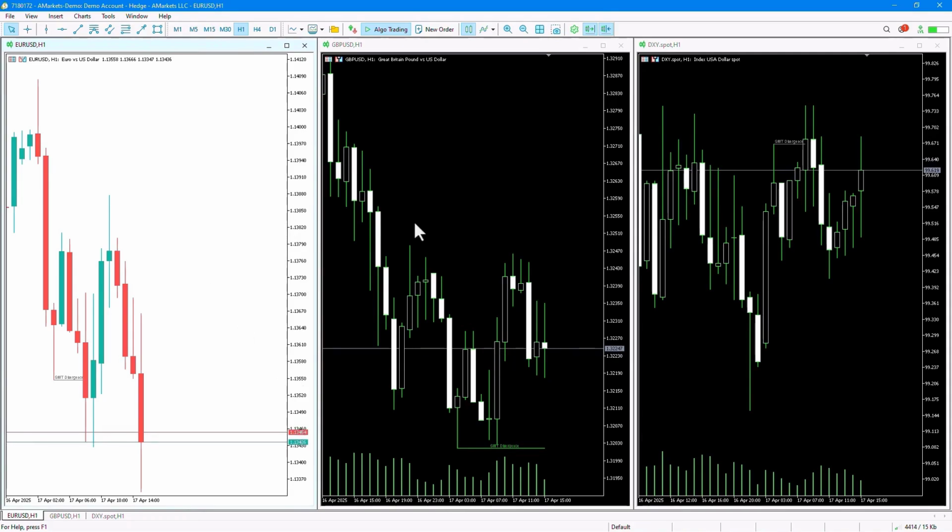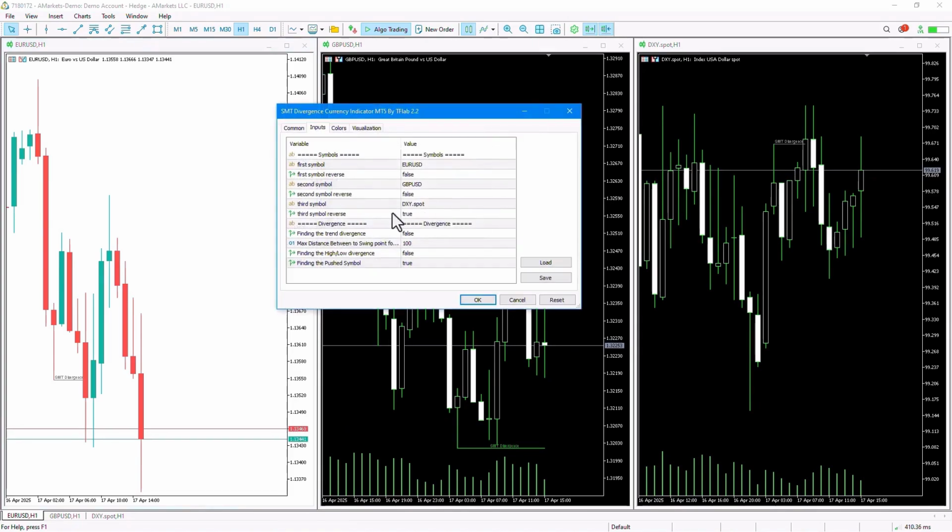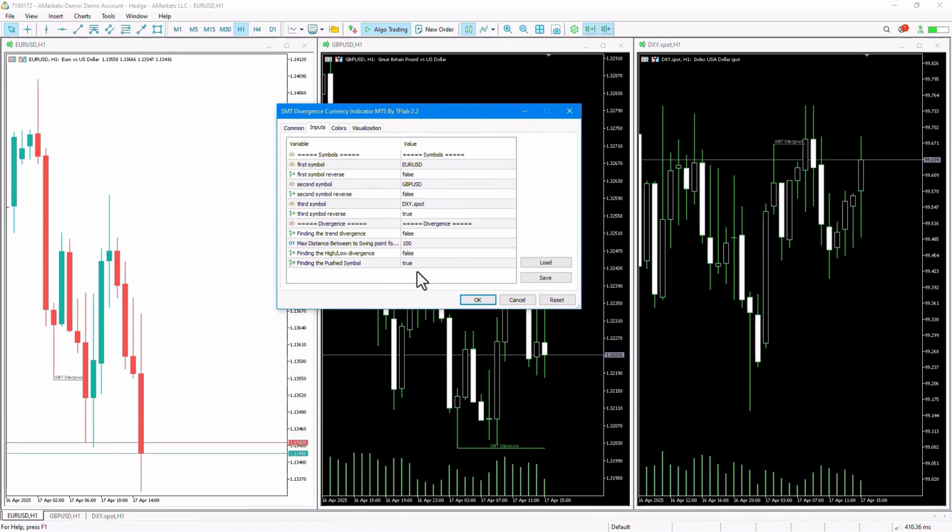If the first two symbols have normally broken a price low, a price low is also identified in the third symbol, which is DXY. However, if we activate this option, instead a ceiling is identified, to have a more accurate detection for identifying SMT divergences on the chart.